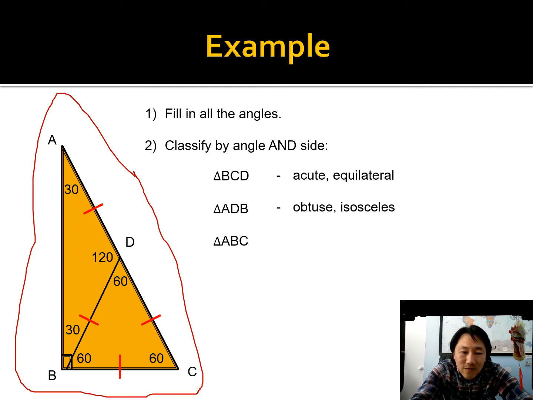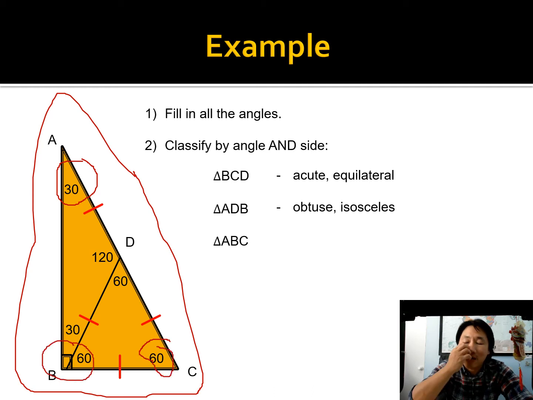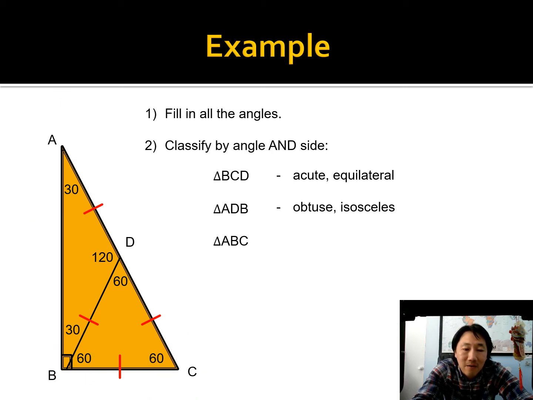Let's look at the angles for the big one. This one is 30 degrees, this one is 60 degrees, and this one is 90 degrees. Again, if we have one angle that's 90 degrees, we have a right triangle. And then what about the sides? Well, the numbers are not given, but you have to look at the markings. This has one dash.